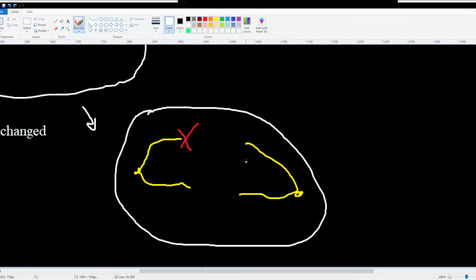So during metaphase 1, there's a really big distinction that's being made here as well. Do you notice a difference? These chromosomes are now lined up horizontally instead of vertically.